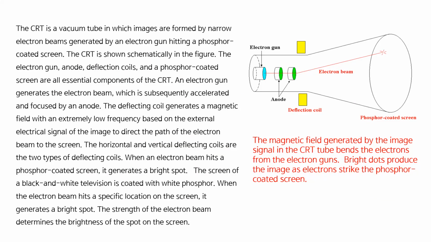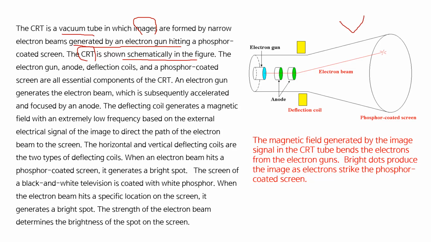The CRT is a vacuum tube in which images are formed by narrow electron beams generated by the electron gun hitting a phosphor-coated screen. The CRT is shown schematically in this figure.